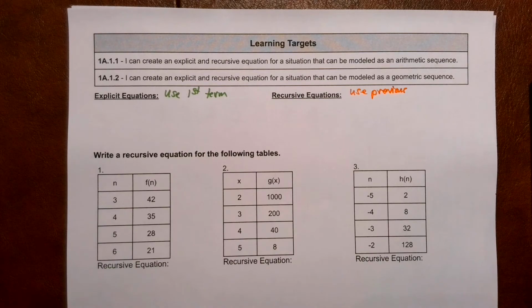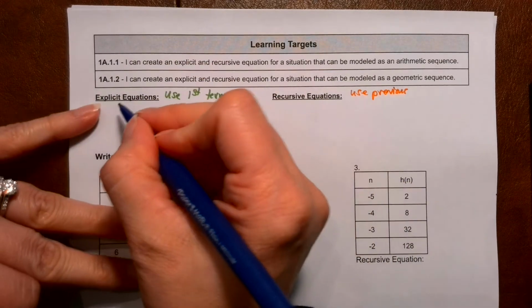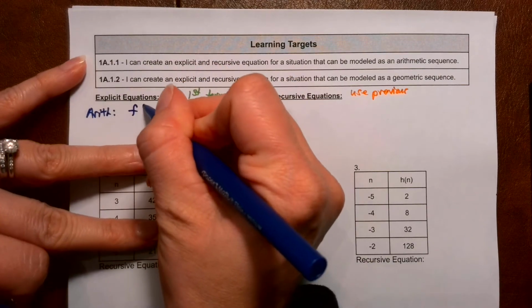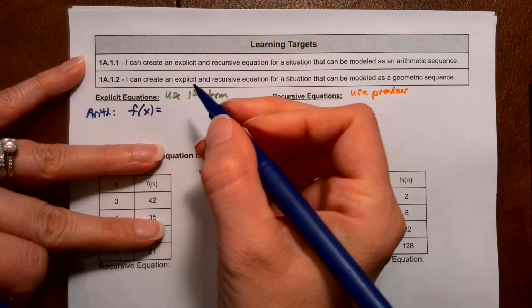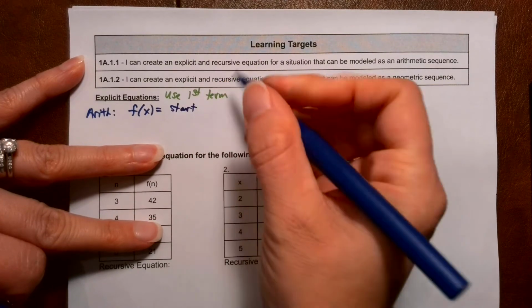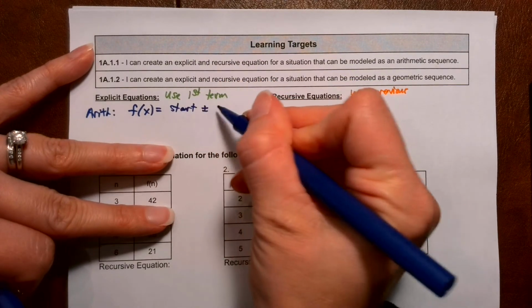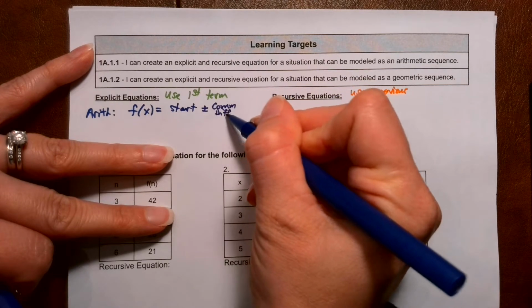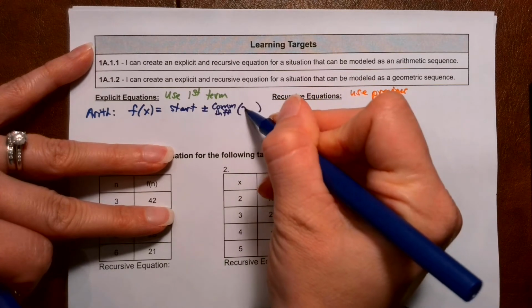So for explicit, I can make an arithmetic one. That's going to be f of x equals, you take your starting number, and then it's plus or minus the common difference times x.